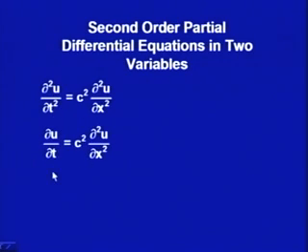This is also a second order partial differential equation with two variables, ∂²u/∂t² = c² ∂²u/∂x². What we will try to see, as in the case of first order partial differential equations, is how to find the solution. We said that the solution is a surface because it is in two variables.